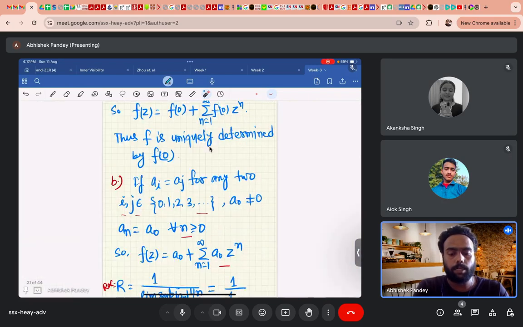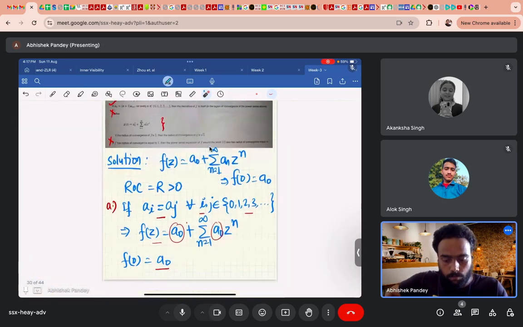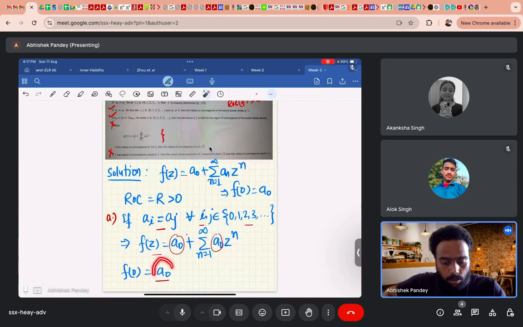It means you can write all of f in terms of f of 0. You don't need any other constants. So f of 0 is basically a naught.